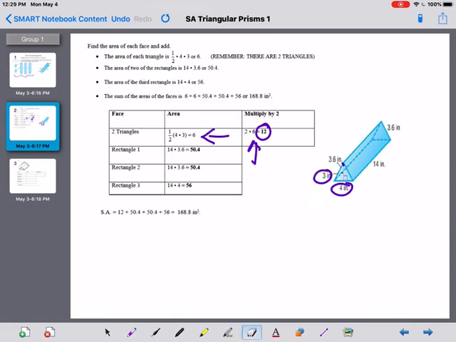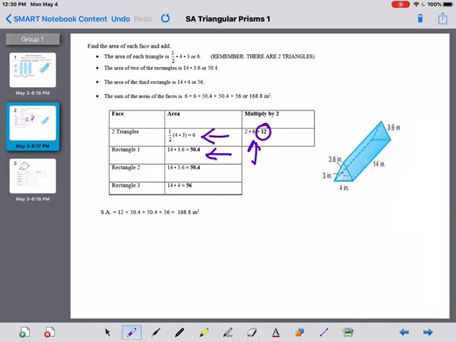If I take a look at one of the rectangular faces, why don't we start with this rectangle here. You can see you have a base or a length of 14 inches and a height of 3.6. Multiplying those together, we get 50.4.